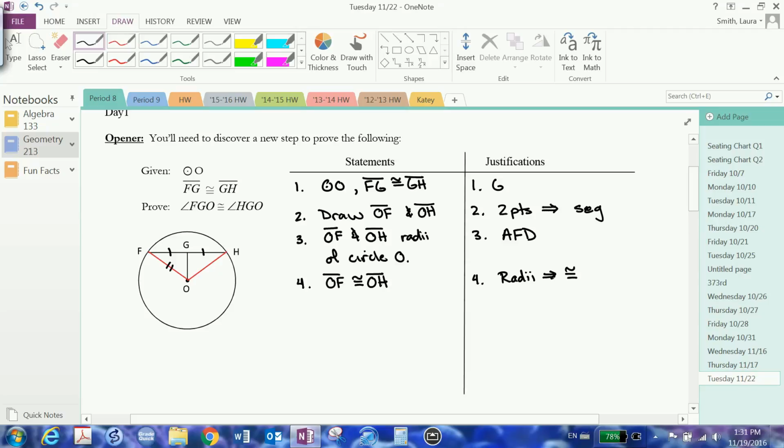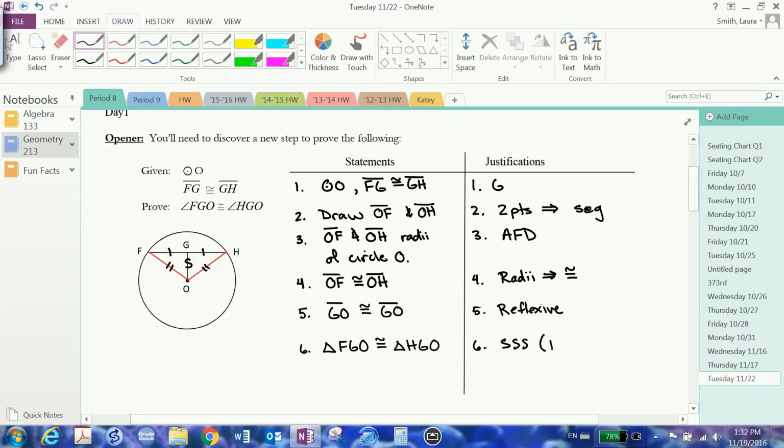So here I am. Oh, I see it. GO is congruent to GO. That's reflexive. So now triangle FGO is congruent to triangle HGO by side, side, side.